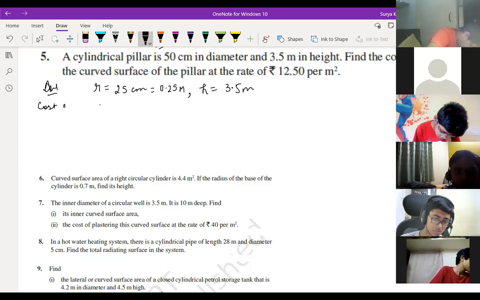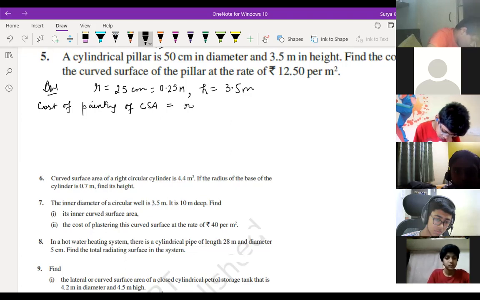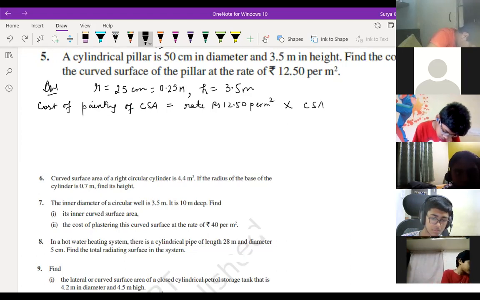Cost of painting of CSA is equal to rate, in rupees, 12.5 per meter square, into CSA. I can write like this. Then I write here 12.50 multiplied by CSA, which is 2 pi r h.